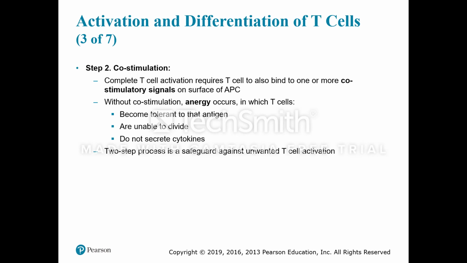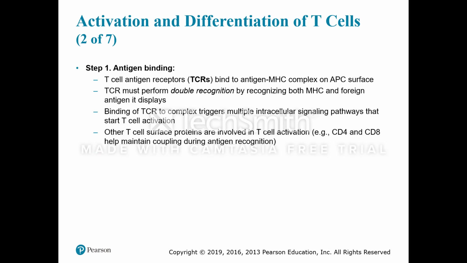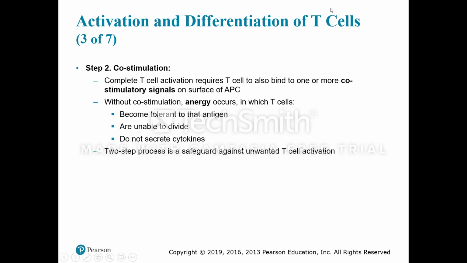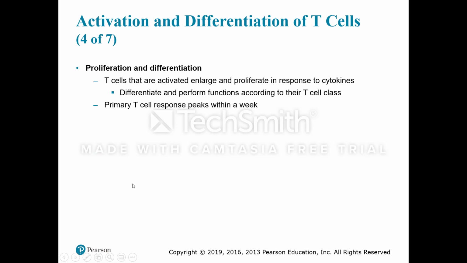Once your T cell is bound to the antigen, it has to recognize that it is a foreign antigen. And when it recognizes it, it's just like a soldier: oh, I know that you are my enemy. I should kill you, but I do not know how to kill you.